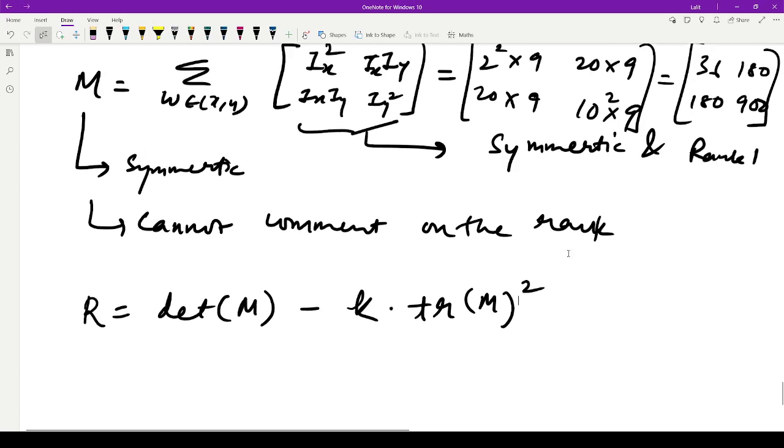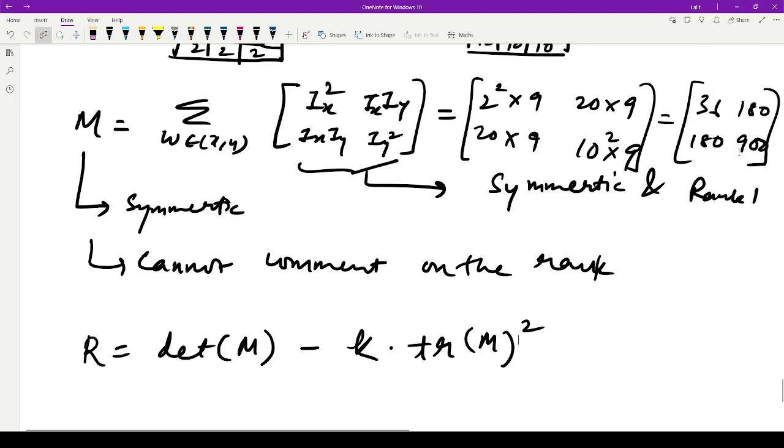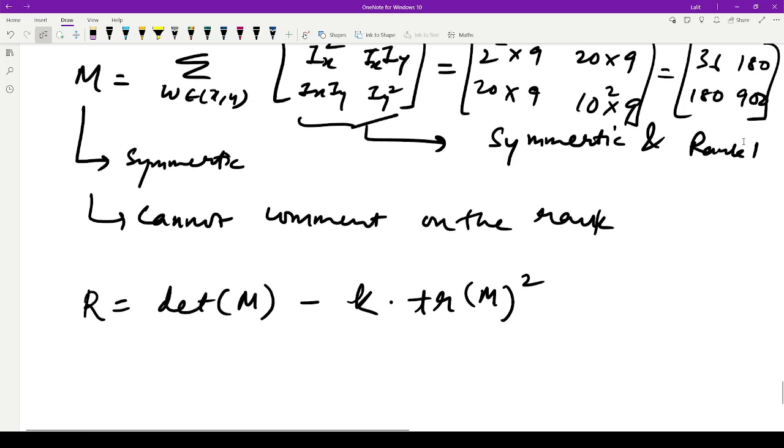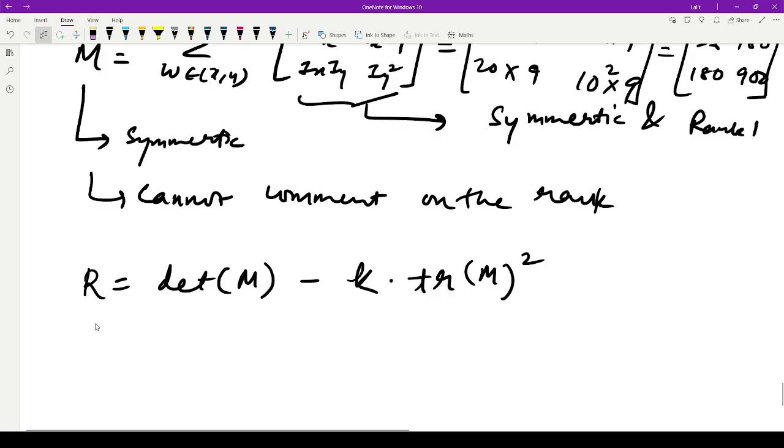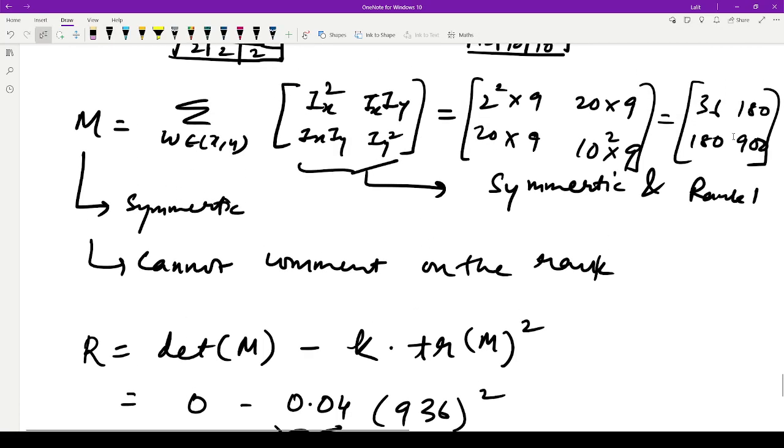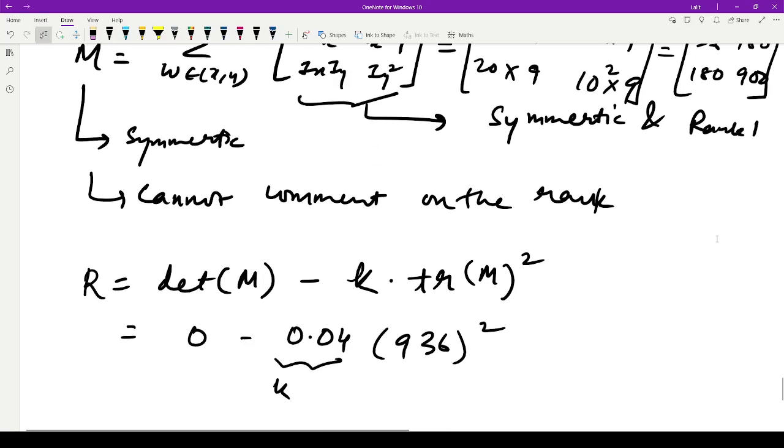What is the determinant? It is 0. And for Harris corner strength, you can take K as 4. What is the trace of M? It is something like 936, just adding the diagonal elements.